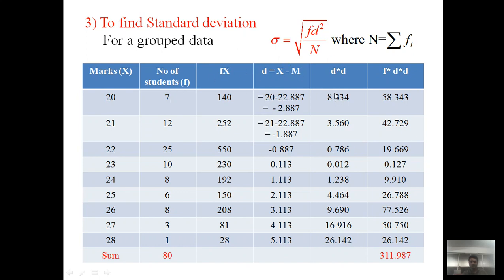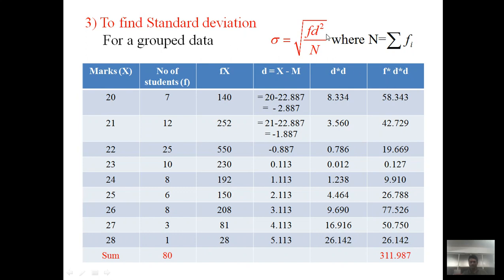So 7 into 8.334 gives approximately 58 point something. 12 into 3.560 gives approximately 42 point something. Similarly, 1 into 26.142 is 26.142.